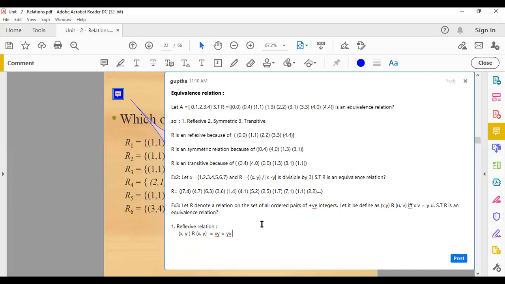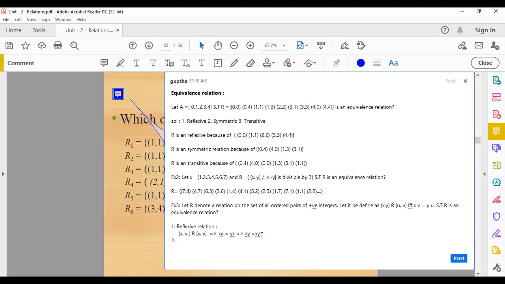Here I applied the commutative law, a into b equals b into a, both are the same. So xy equals xy, and simply we can see it is a reflexive relation: (x, y) is related to (x, y).